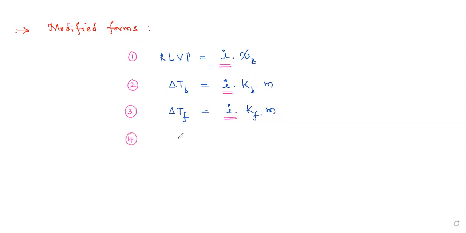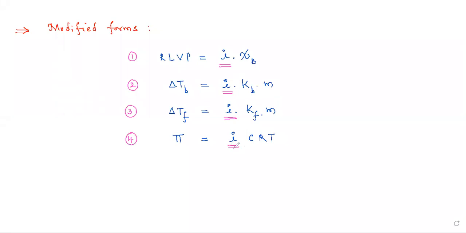Final thing is pi, the osmotic pressure, normally given as CRT, but can be modified as I into CRT.